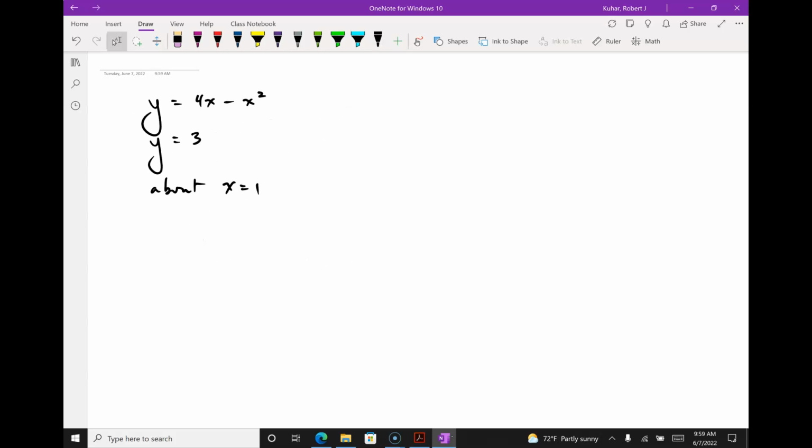So this one, gosh, I think I can graph this without doing anything. Certainly I know it's a parabola that opens down, and it goes through 0 and 4, right?